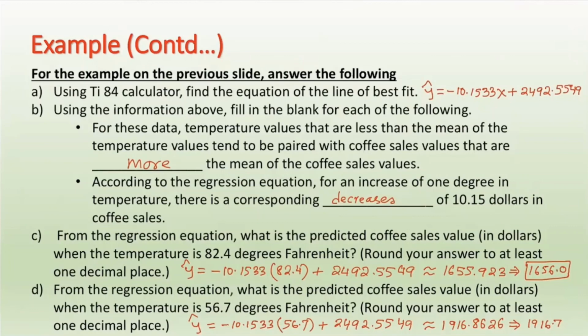Hold on, let me type it again. Please type it in your calculator again. Let's find it out. Negative 10.1533 times 56.7, then plus 2492.5549. I'm typing it again.